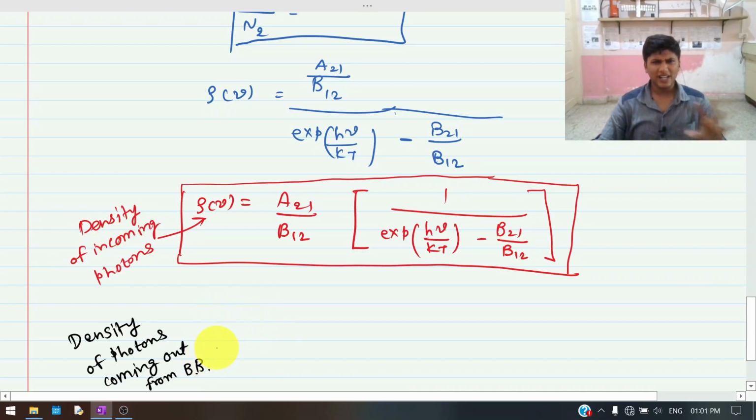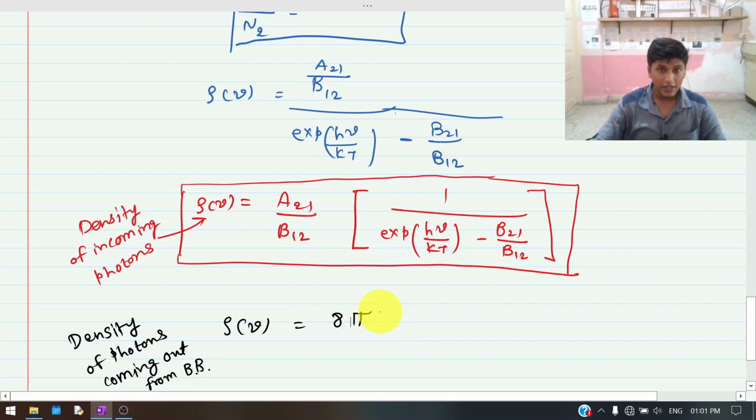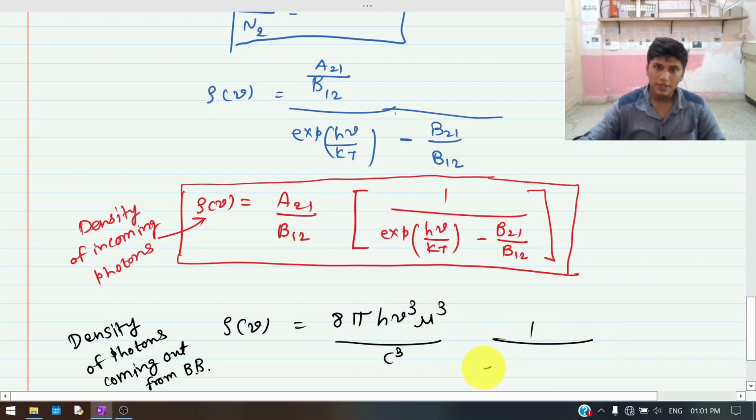So there was a guy whose name was Max Planck. He was a scientist, and he wonderfully found out that when you heat up a body to some temperature T, it also emits some photons. And the photons that are emitted by that black body are given by this formula: rho of nu equal to 8 pi h mu cube over c cube, 1 over exponential of h nu by kT minus 1.